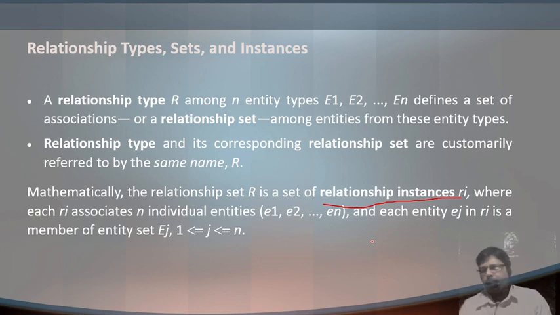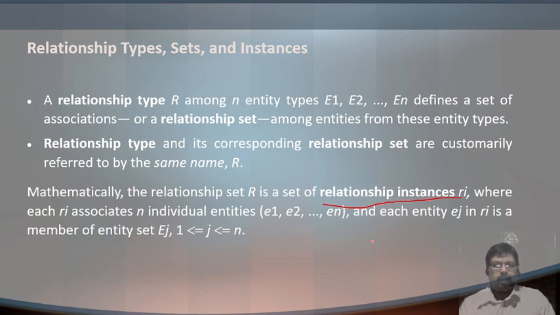We have to go to the next topic, otherwise it will be very difficult for you to understand the meaning of this. What it is saying is that between entities, for example employee and department, which are two different entities, there will be a set of relationship instances between these two entities for individual entities.